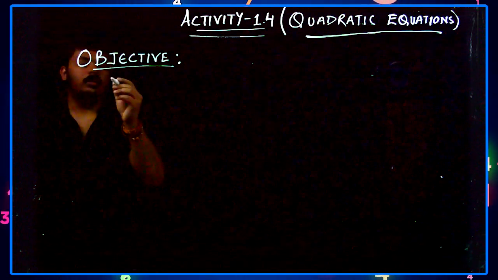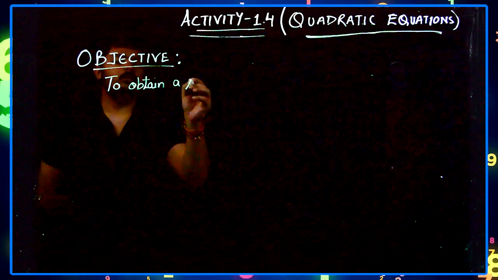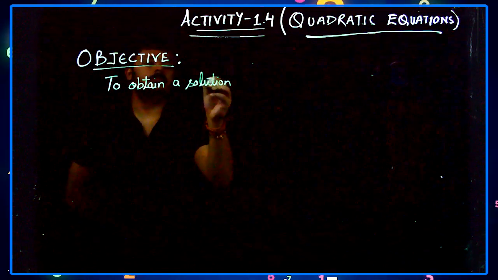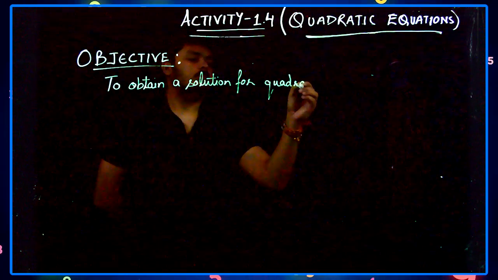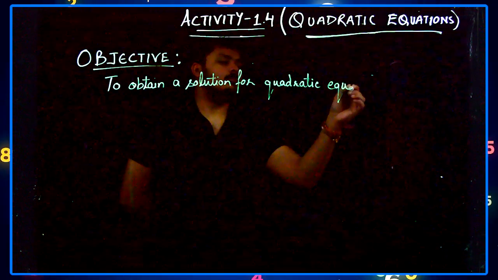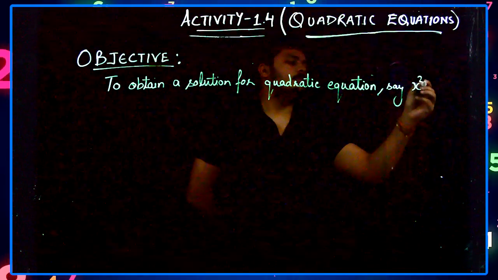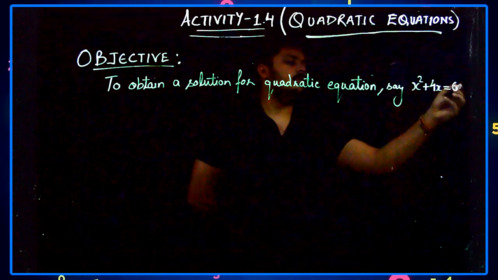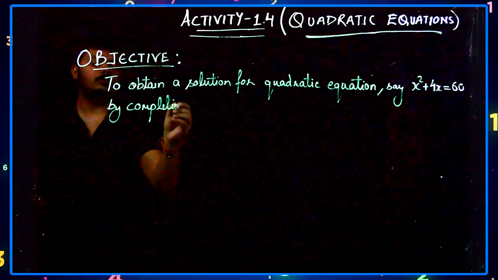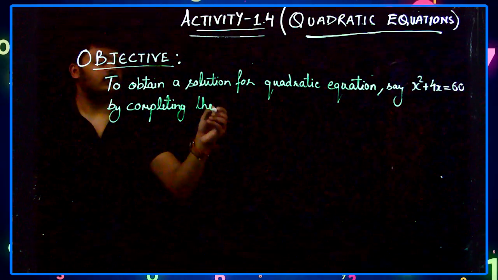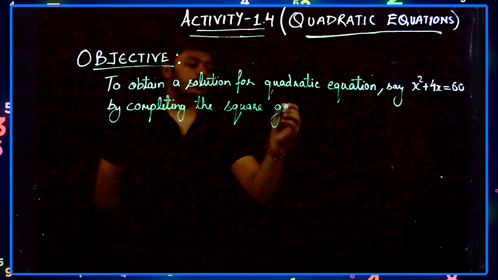So our objective for this activity is to obtain a solution for a quadratic equation, say x square plus 4x equals to 60, by completing the square geometrically.